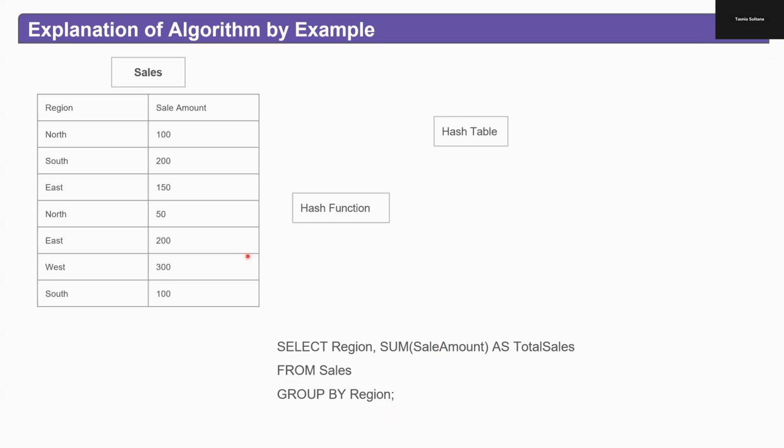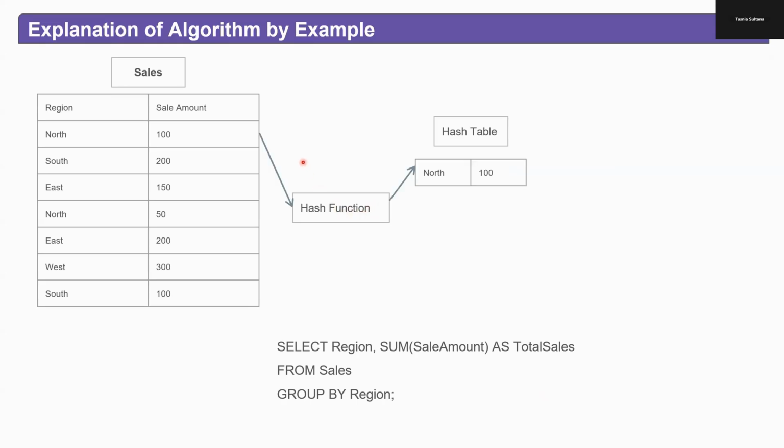We begin with a hash table and hash function to group the data. The process involves scanning through each row of the table, calculating the hash for the region and sales amount, and inserting or updating the corresponding row in the hash table.